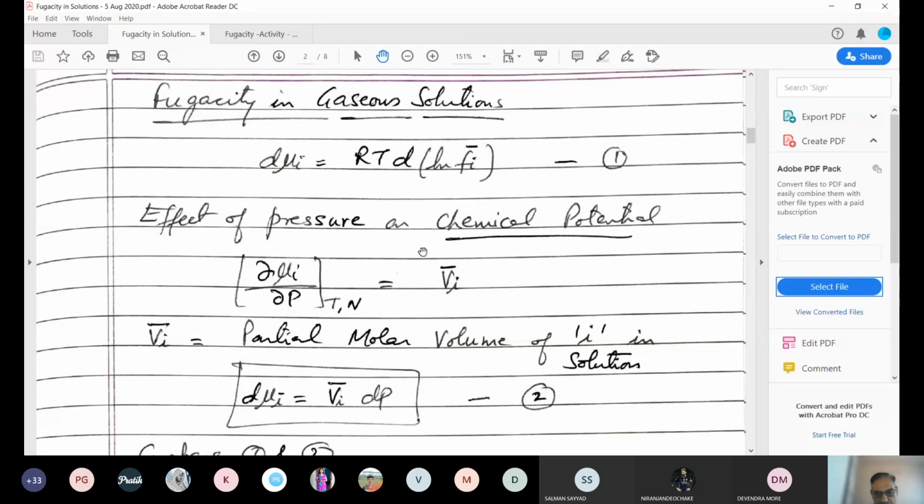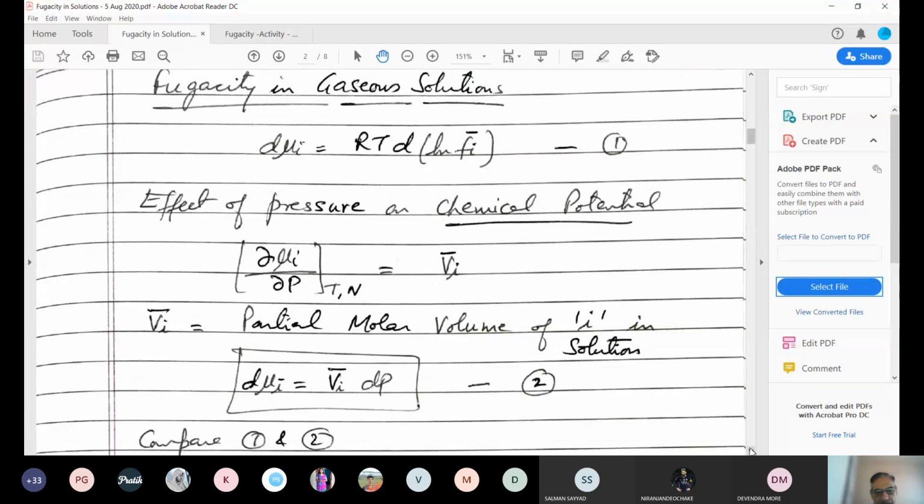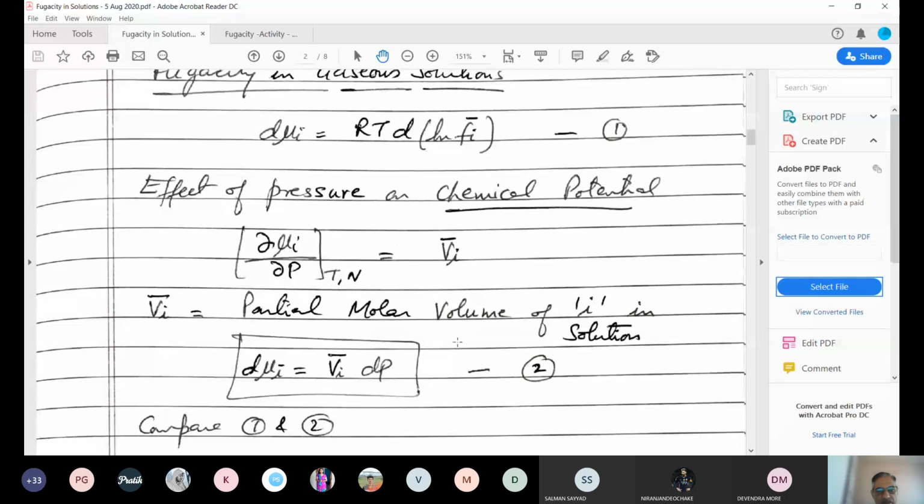So what we get is d mu i is equal to V_i bar into dP, from this equation, from the effect of pressure on chemical potential.